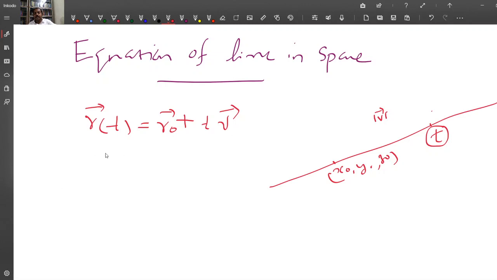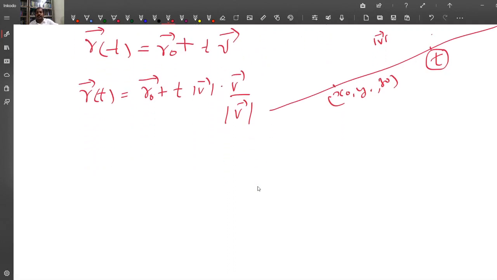You can rewrite this equation as r of t equal to r naught plus t times modulus of v times v by modulus of v. Modulus of v is the speed, r naught is the initial position, and v by modulus of v is a unit vector in the direction of motion.